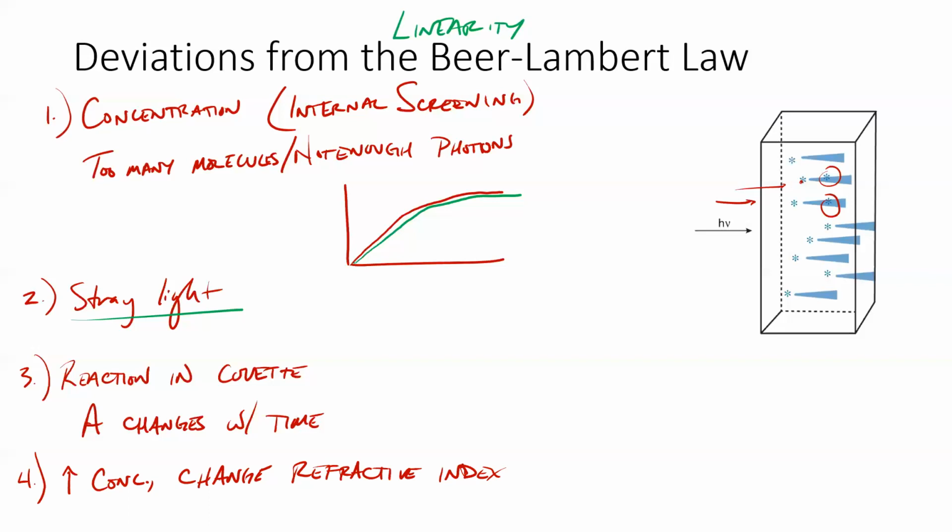We did a little practice problem with how much light is bounced back when we go from air to quartz to water to quartz to air, right? And if our refractive index changes substantially from a low concentration solution to a high concentration solution, then we need to take new blanks with a similar refractive index solution, a similar refractive index blank, so that we can more accurately determine what that transmittance really is.